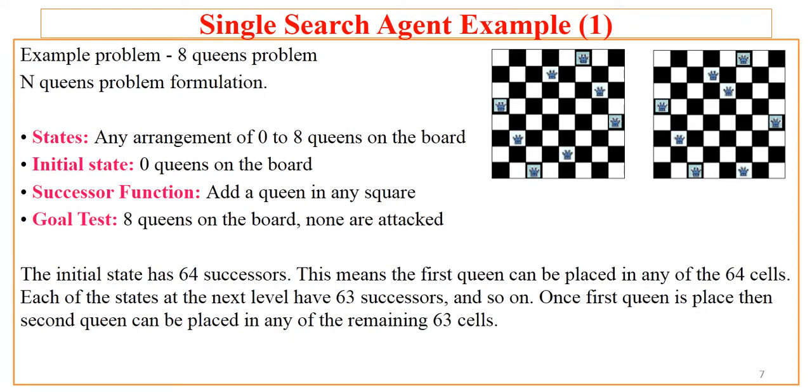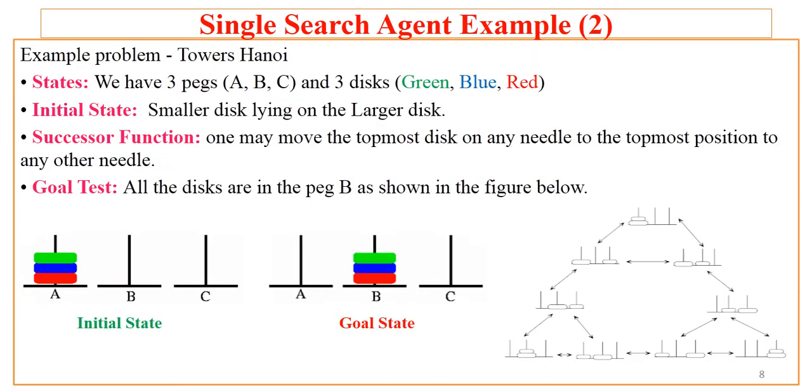Initially there is no queen placed in any of the 64 squares. Then you place the first queen at any of the 64 locations. Once that location is chosen, it will again generate 63 new successors wherein the second queen can be placed. This way the entire formulation is done, and for this you can write an intelligent program.